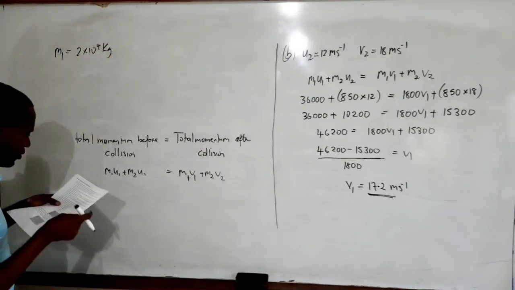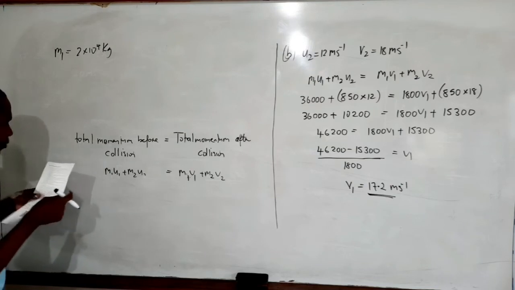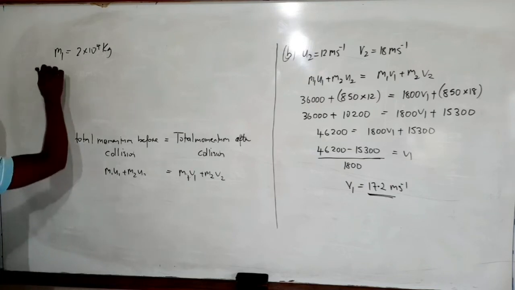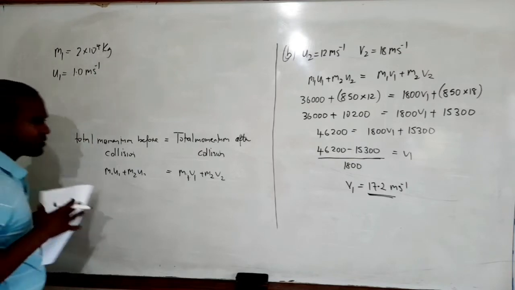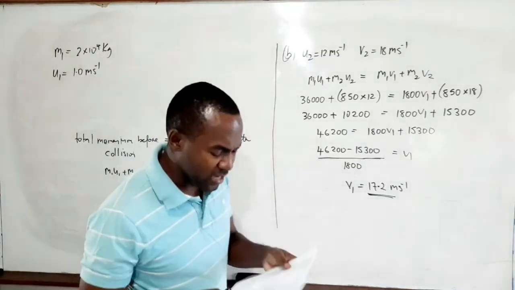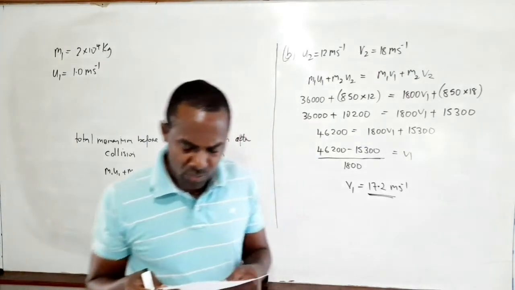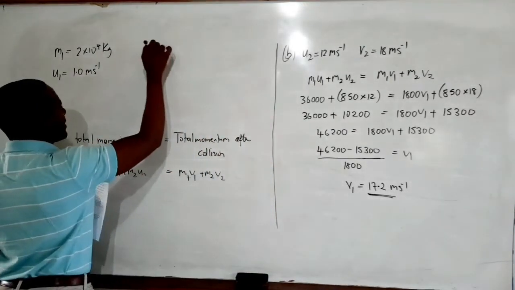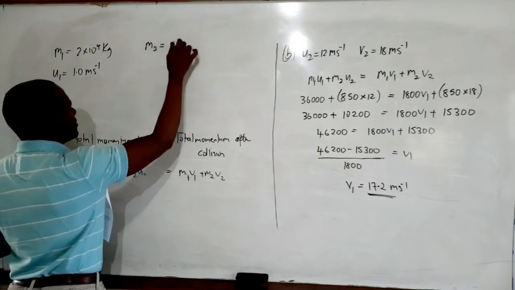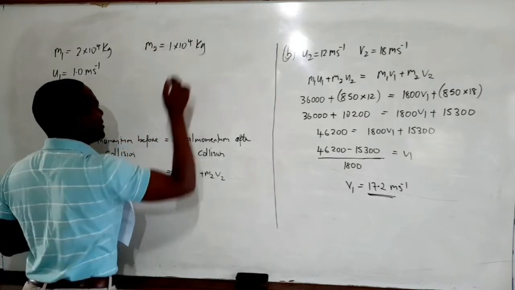And this truck, we're told, is moving with a velocity of 1 meter per second. So we're going to let U1 be 1.0 meter per second, right? We're told it collides with a second truck B of mass 1 times 10 to the 4 kilograms. So we're going to let M2 equal 1 times 10 to the 4 kg.